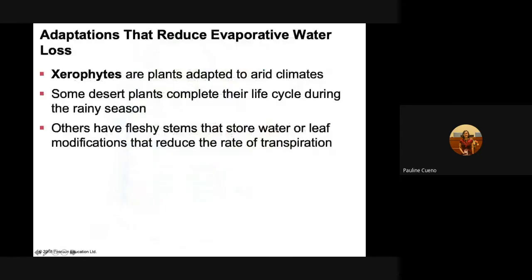Okay? And then, as I have said earlier, there are also plant adaptations that reduce evaporative water loss. Ito yung nasabi kong mga succulents. We call them xerophytes. So yung xerophytes, they are plants adapted to arid climates, and they often have fleshy stems that store water or leaf modifications that reduce the rate of transpiration. So ito yung example ko kayo sa cactus at saka sa mga ibang succulents.